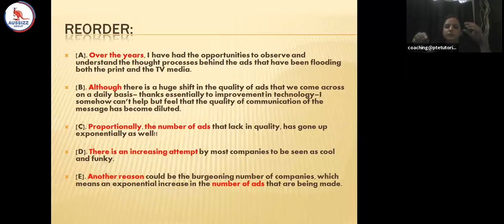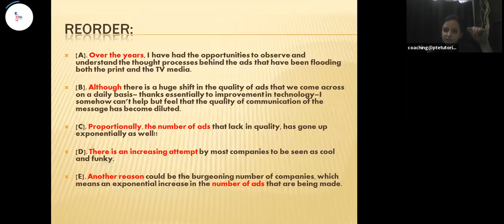Now I've got some overview that okay, they are talking about this thing. They are observing and understanding the processes which are behind the ads, and these are there on the TV media. Although there is a huge shift in the quality of ads that we come across on a daily basis.